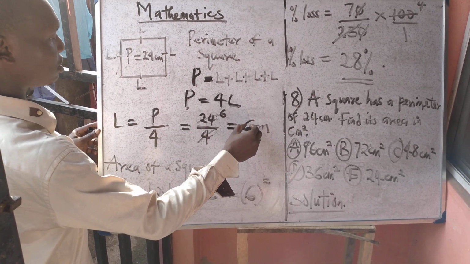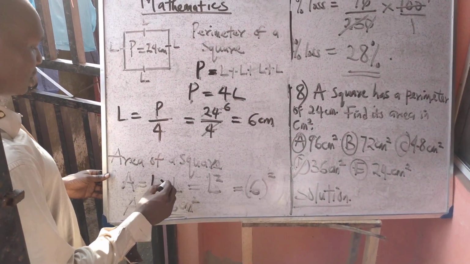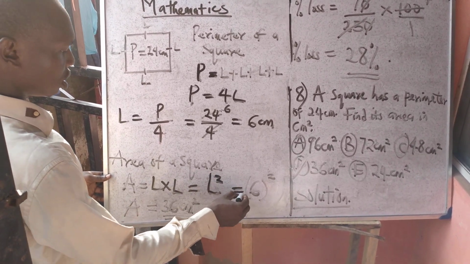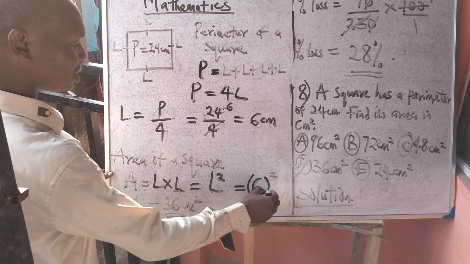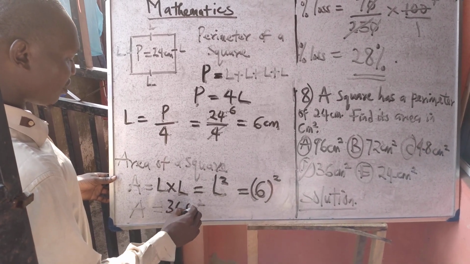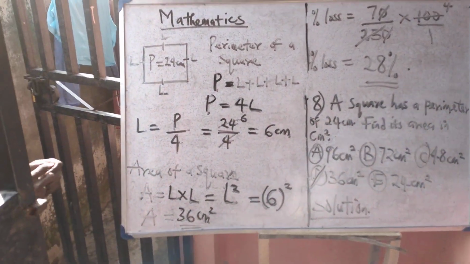So we had 6 centimeter. And the area of a square is length times length, which is L square. So the value of L is 6. When you put 6 there, you have 6 raised to power 2, which is 36. Finally, we arrive at 36 centimeters square, which is the area of the square.